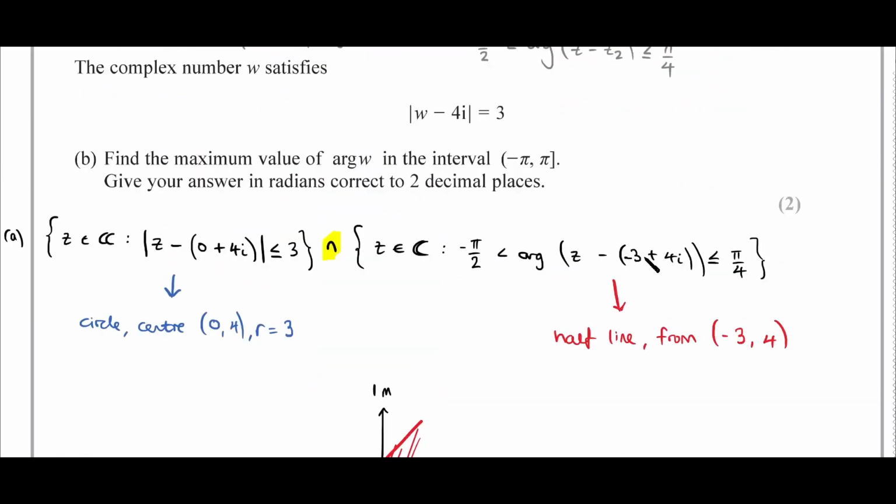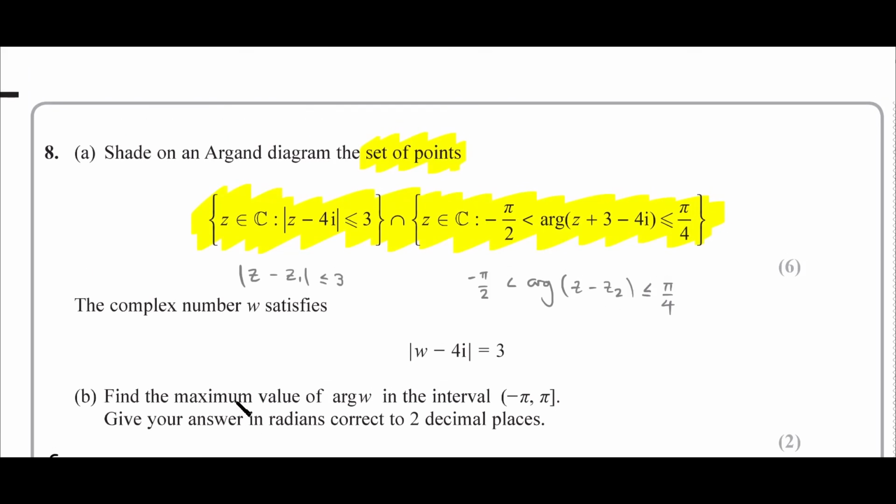Now for part B, we have to find the maximum value of the argument of w in the interval minus pi to pi, giving your answer in radians correct to 2 decimal places. The first thing is to rewrite this in the form w minus w1, and we know that this is equal to 3.